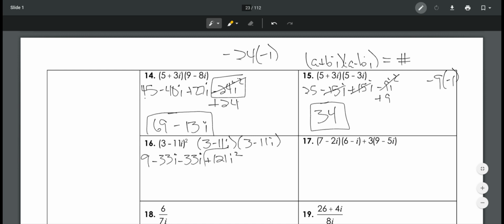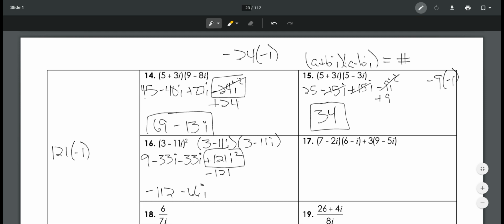Now, 121i squared becomes negative 121, because i squared is a negative 1. So I end up with 9 minus 121, which is my a value, and I end up with negative 66i as my b value.